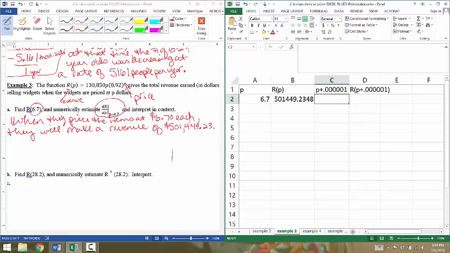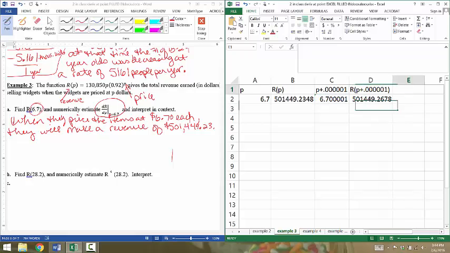So I'm going to have a new x value, which is equal to this x value plus 0.000001, a tiny bit to the right, and I'm going to reevaluate the function, find the output at that new input value. So 130,850 times this new x value times 0.92 raised to that new x value.